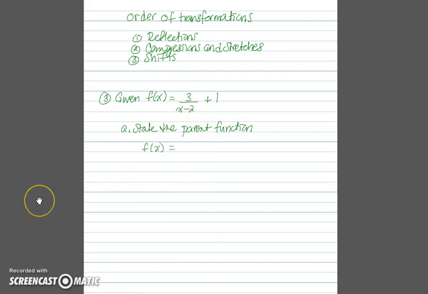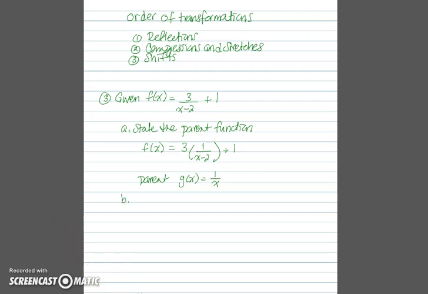So f of x is equal to, taking out a 3, so it's 3 times 1 over x minus 2, and then plus 1 on the outside. So now I see that it has that 1 over x, that reciprocal function, which means my parent function is g of x equals 1 over x.